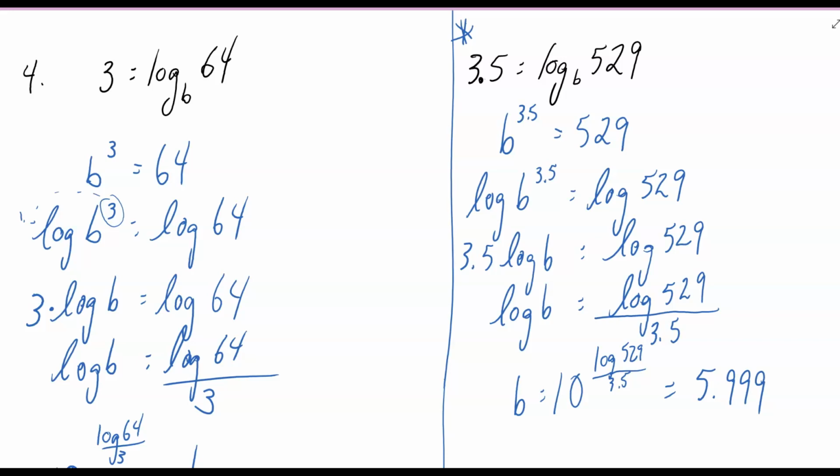You can see I've followed the same pattern of changing to exponential form, taking the log of both sides, applying the property of a power, and bringing that 3.5 as a multiple in front so it can be divided out of both sides, isolating log b, and now going back to exponential form with 10 as the base to find b.